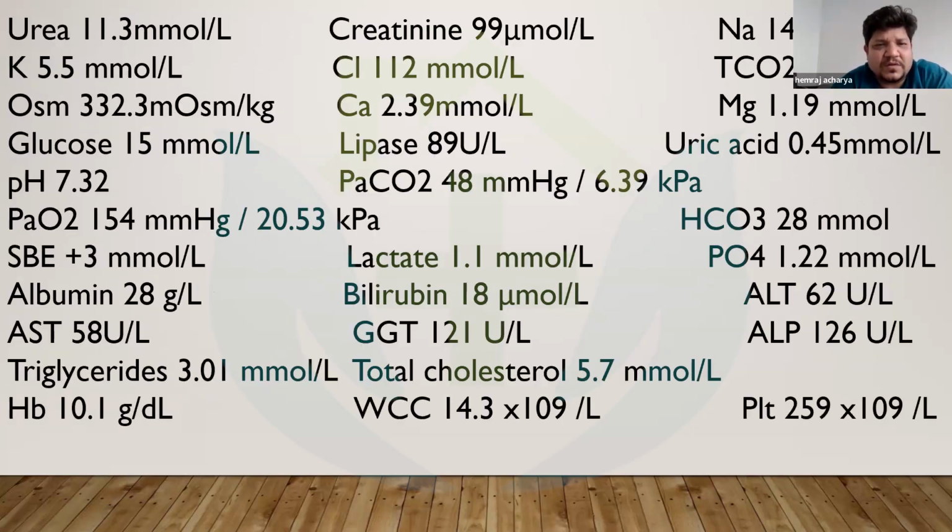Urea, creatinine, potassium. Osmolarity is high. CO2 is 154, CO2 is okay. And bicarb is 28.